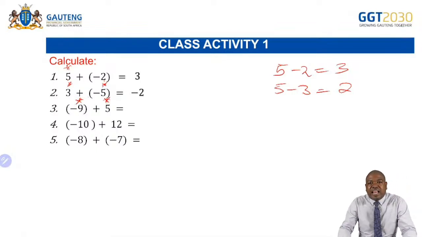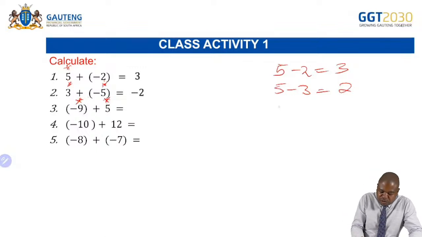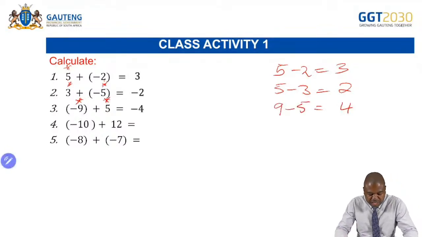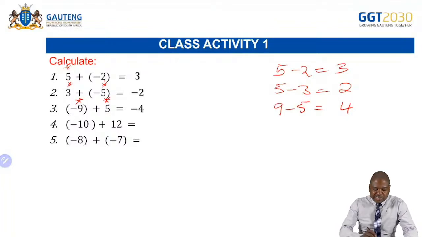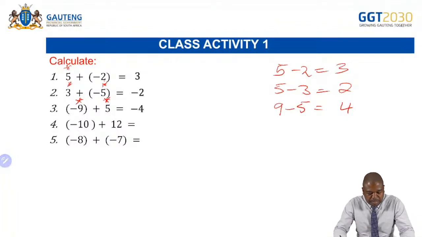It is 9, so we know that our answer is going to be negative. Therefore, 9 minus 5 gives us 4, but our answer should be negative. It's going to be negative 4. Once again, you can show that using your number line.